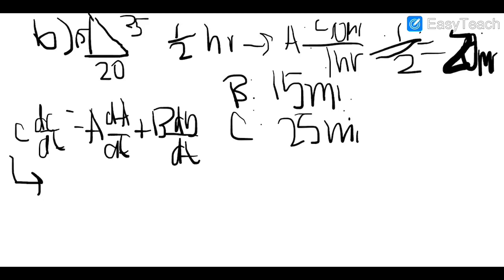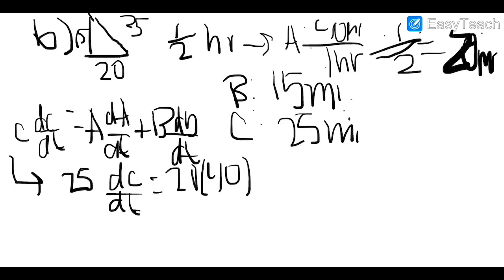I just didn't write that out because we did it in A. So now we just plug everything in, which is going to be 25 dC/dt equals 20, 40 given, plus 15 we just solved, and 30 which is given.